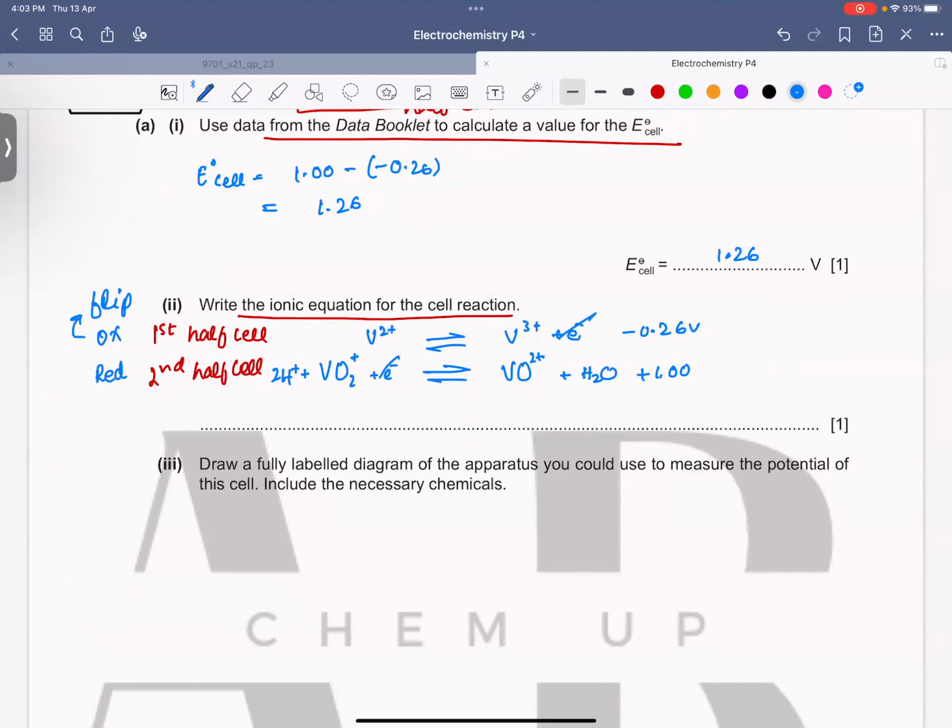So these electrons get cancelled, and the equation is 2H positive plus V2 positive, forming VO2 positive, V3 positive plus H2. Right? So this is the net ion equation.